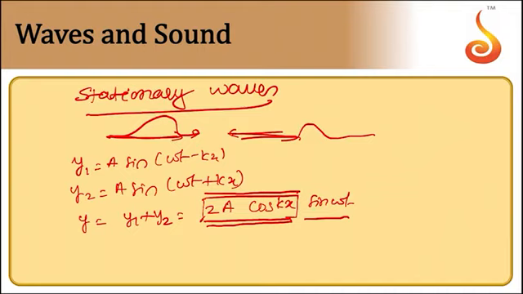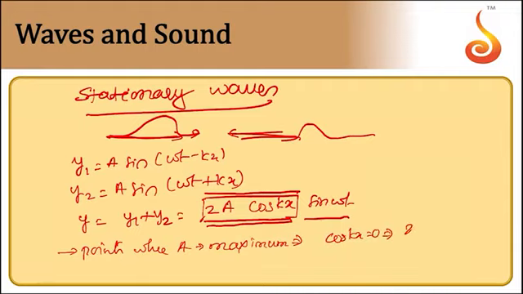Thus, if we consider points where the amplitude is maximum, that corresponds to cos kx is equal to 0, or we have x is equal to lambda by 4, 3 lambda by 4, 5 lambda by 4 and so on.